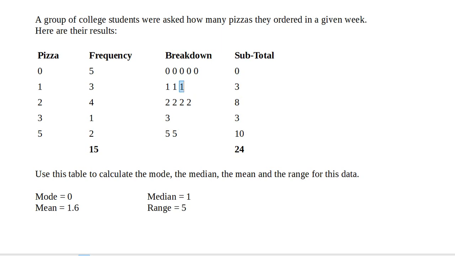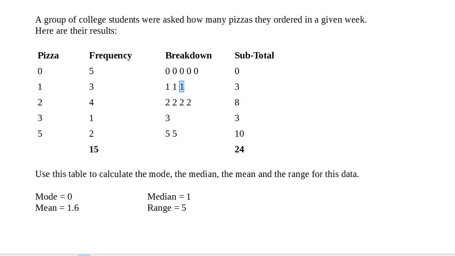And then the mean. I'm going to do what we did before. I've worked out there's 15 people, and I've worked out my subtotals. So of those who had 0 pizzas, in total they had 0 pizzas. Of those who had 1 pizza each, between the 3 of them, they ate 3 pizzas. Of those who had 2 pizzas, between the 4 of them, they ate 8 pizzas.